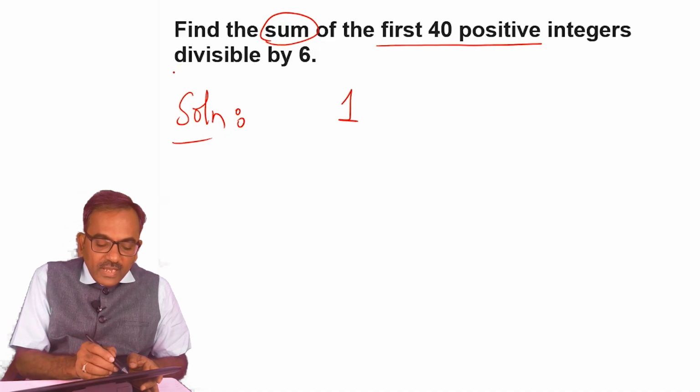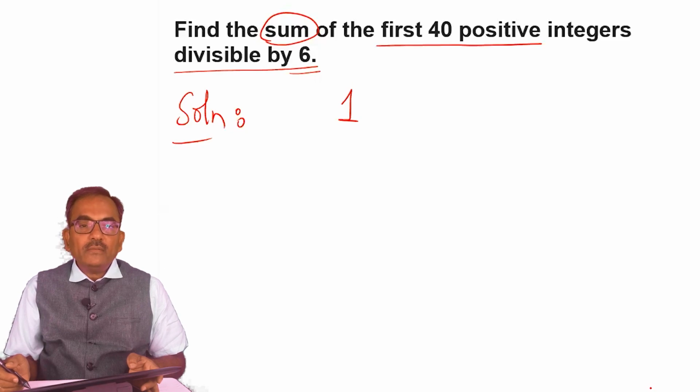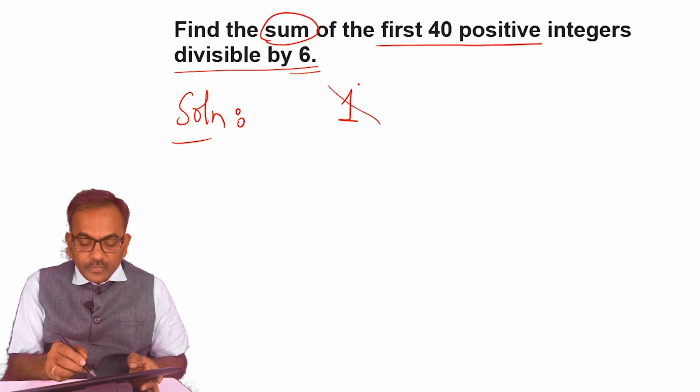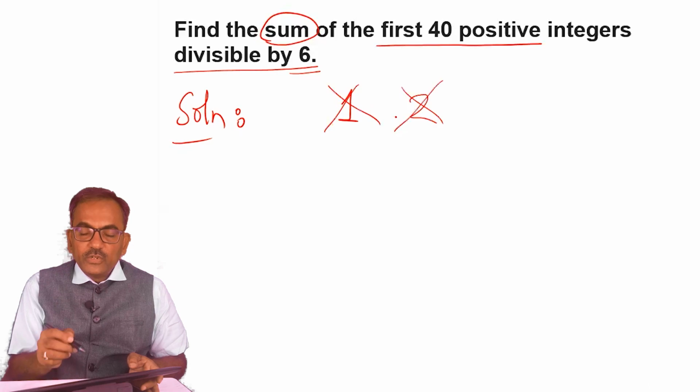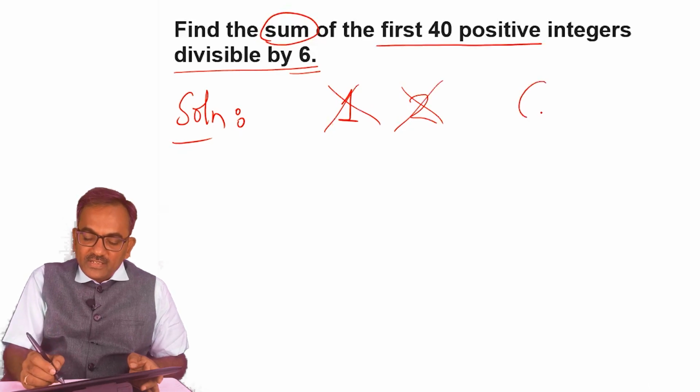See here, the other condition that needs to be followed is that the number you consider should be divisible by 6. Does it apply for the first number 1? No. What about 2? Even for 2 this is no. Then what is the first number? The first number is invariably 6.